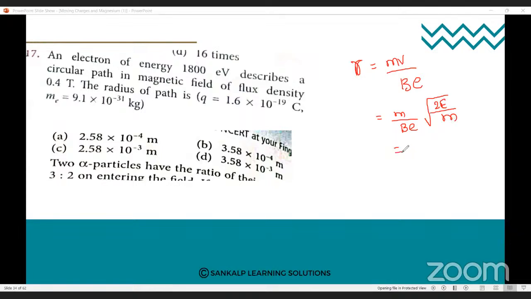So therefore this is equal to under root of 2mE divided by B into e. You can substitute the values and calculate and tell me the answer. Option B, yes, option B is the correct answer.